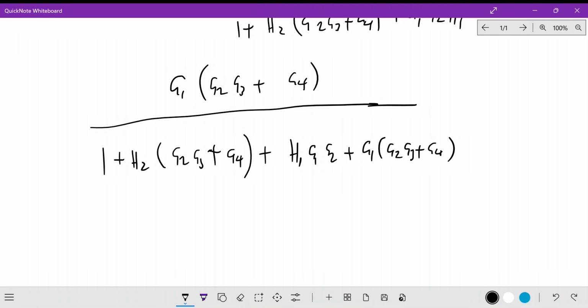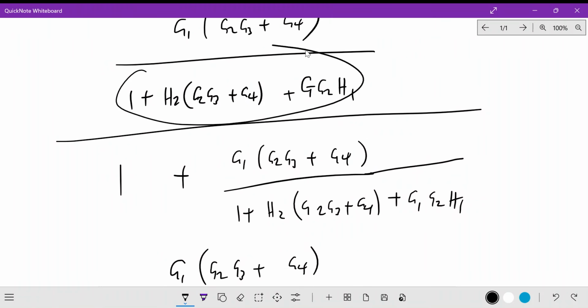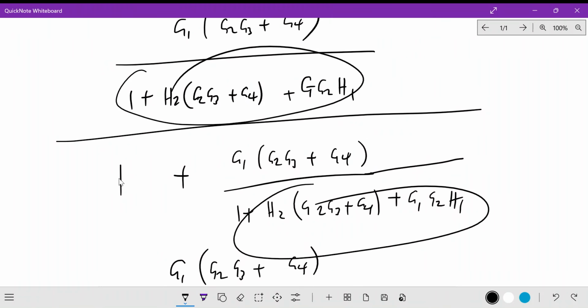Okay, so this is the final simplification. I've just multiplied both on top and down by this. This side they cancel out, while this side multiplies by 1, so we just remain with that, isn't it?